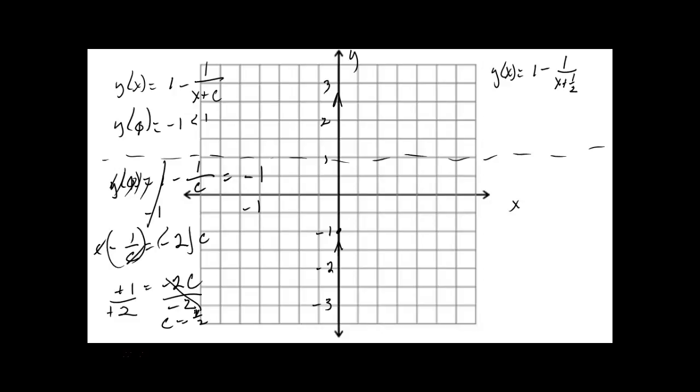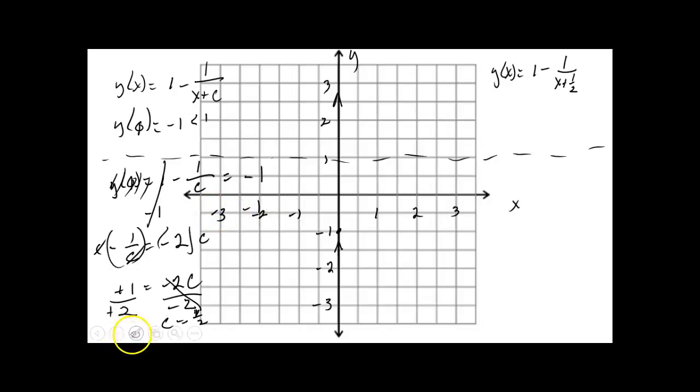You can choose any other x that you might want to choose. And since I labeled the y-axis, let me label the x-axis: 1, 2, 3, -1, -2, and -3.